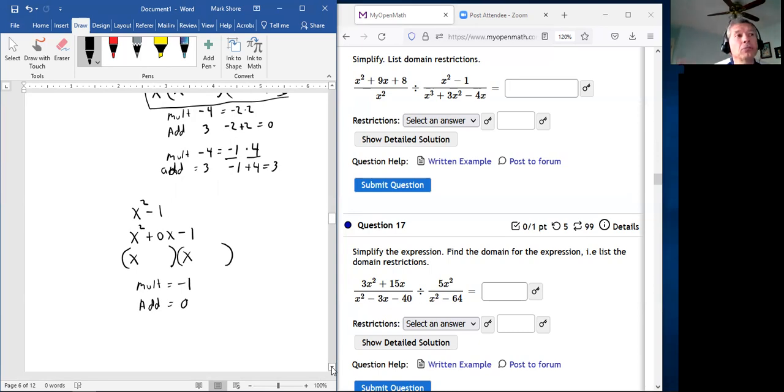So what two numbers multiply together to give you -1? It can't be two negatives. Two negatives multiply to give you a positive. So -1 times what? +1. Right. -1 times 1 is -1. That works. And what is -1 plus 1?